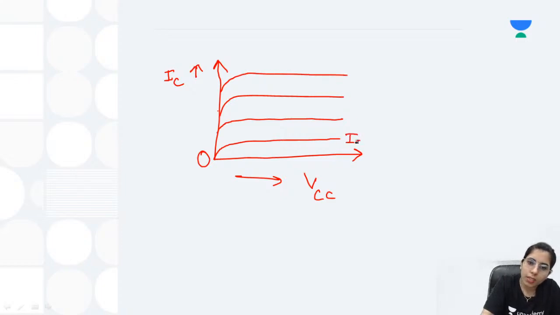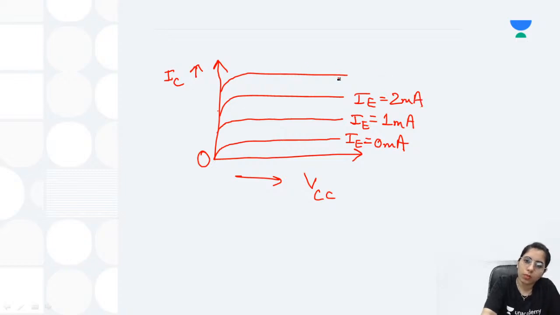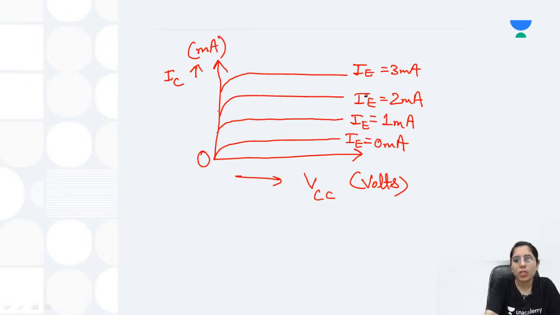So IE is equal to 0 milliampere. You keep the emitter current constant here.